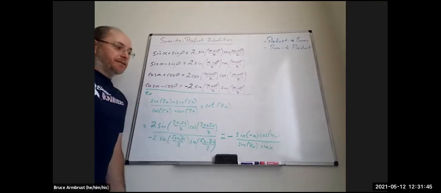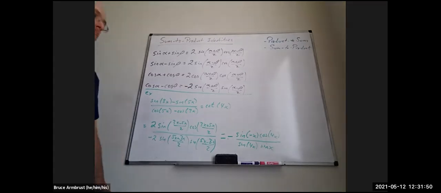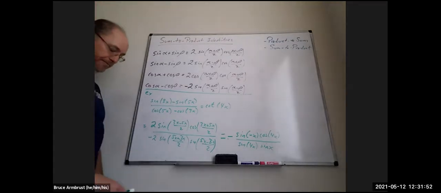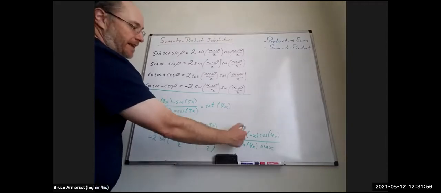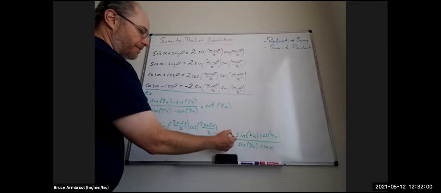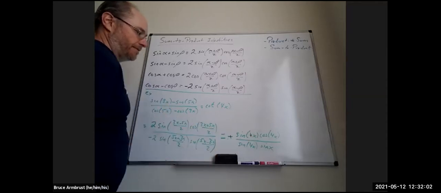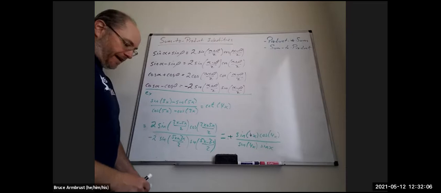We want cotangent of 4x. So we'll do a couple more things. The oddness of sine means that the negative can come out front. Negative, negative is a positive. And then I've got sine divided by sine.